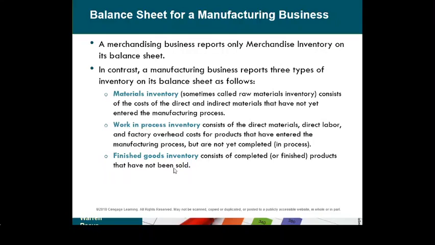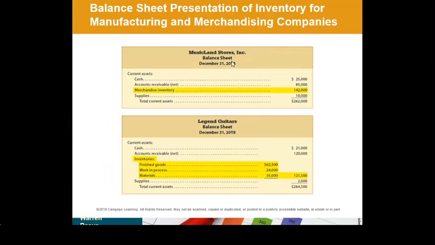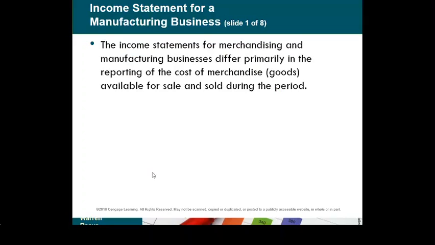And finished goods inventory are the finished products of the guitar just now, already completed but not yet sold. So this is an illustration showing you the difference between a balance sheet for merchandising companies and manufacturing companies. There are three different inventories here for manufacturing companies.